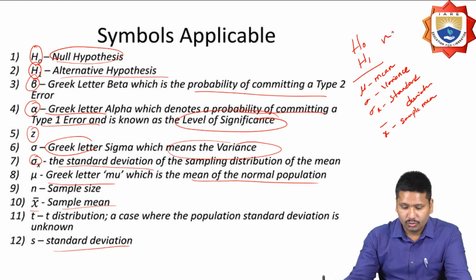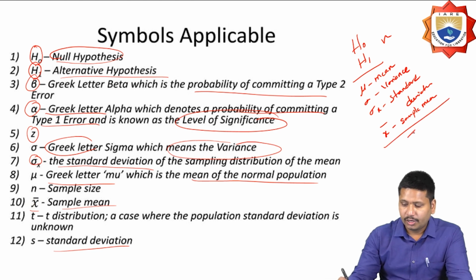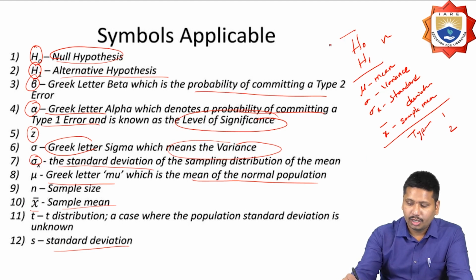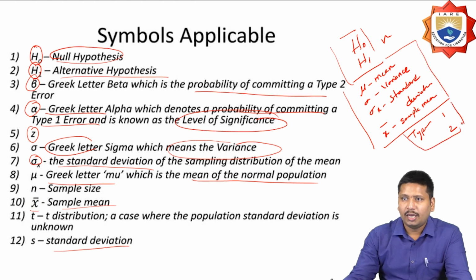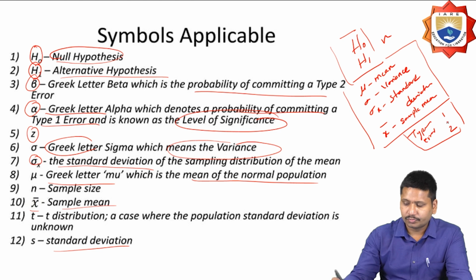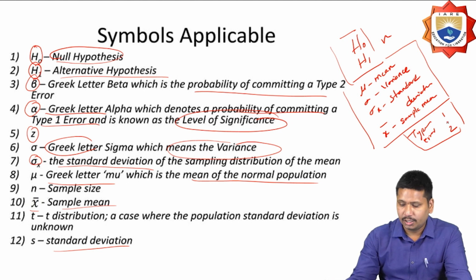Initially you have to know all this, right? And what types of errors we can get here, like type 1 and type 2. So these are the hypotheses, these are the values that have to be known, and these are the types of errors we can get.